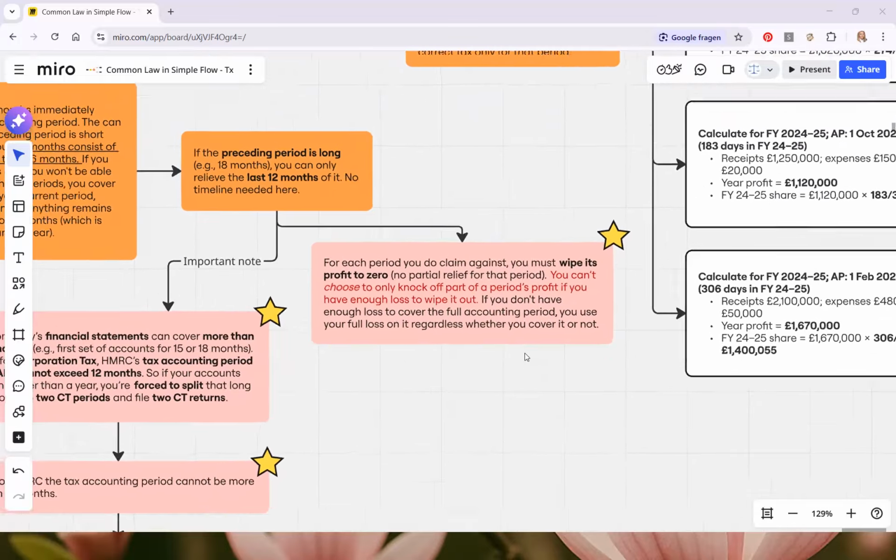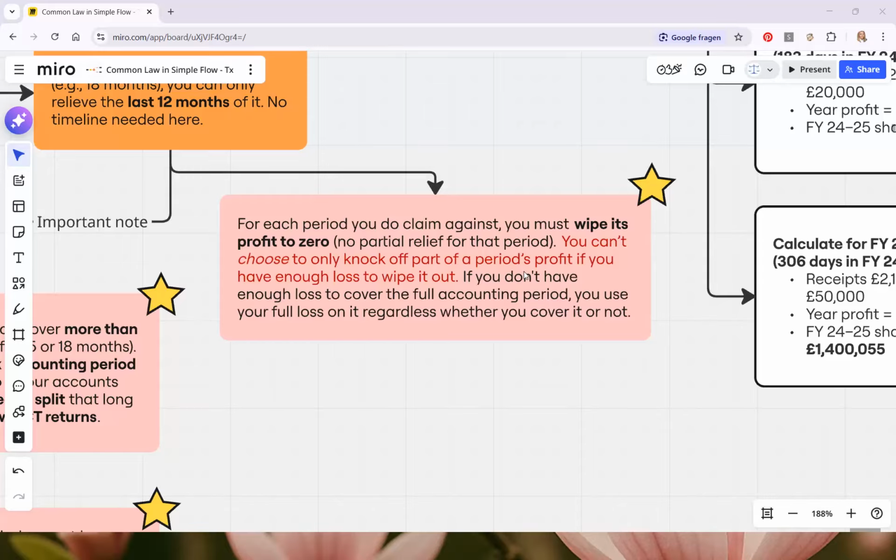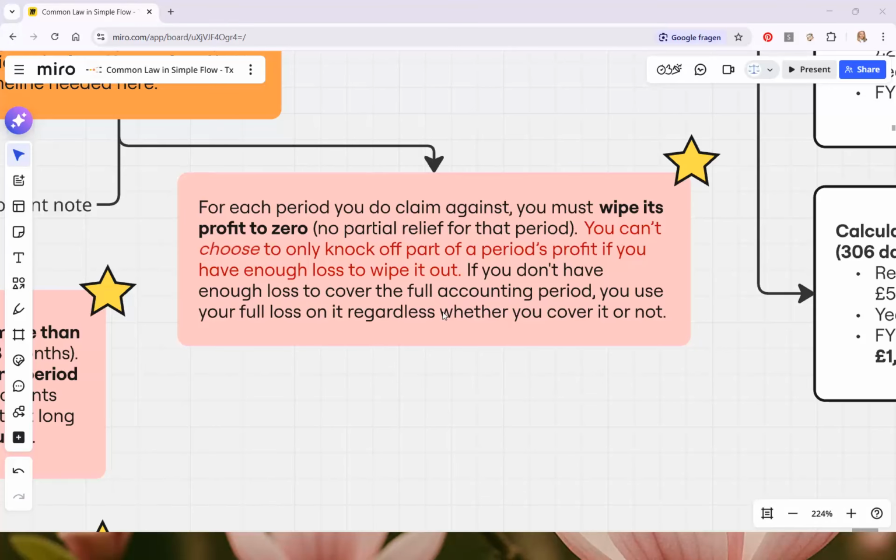So for each period you do claim against, you must wipe its profit to 0, with no partial relief for that period. You can choose to only knock off part of a period's profit only if you have enough loss to wipe it out. If you don't have enough loss to cover the full accounting period, you use your full loss on it regardless of whether you cover it or not. So that means when you use a loss against a year, you must use it to cancel that year's profit completely.